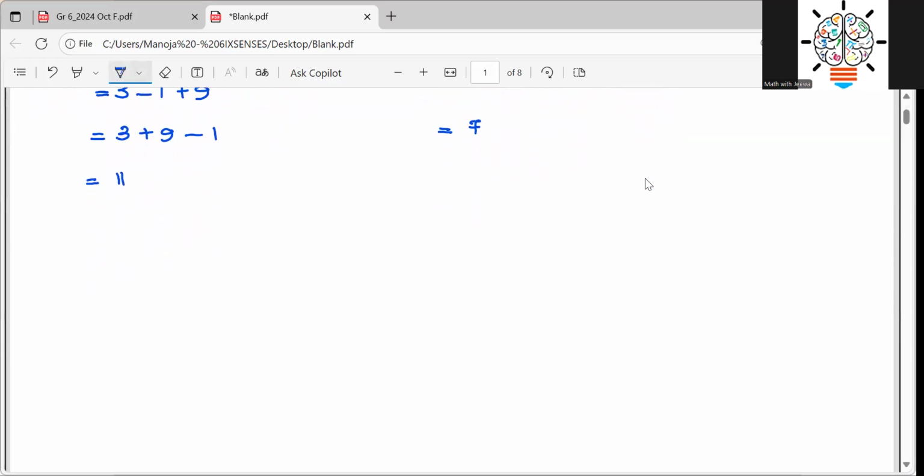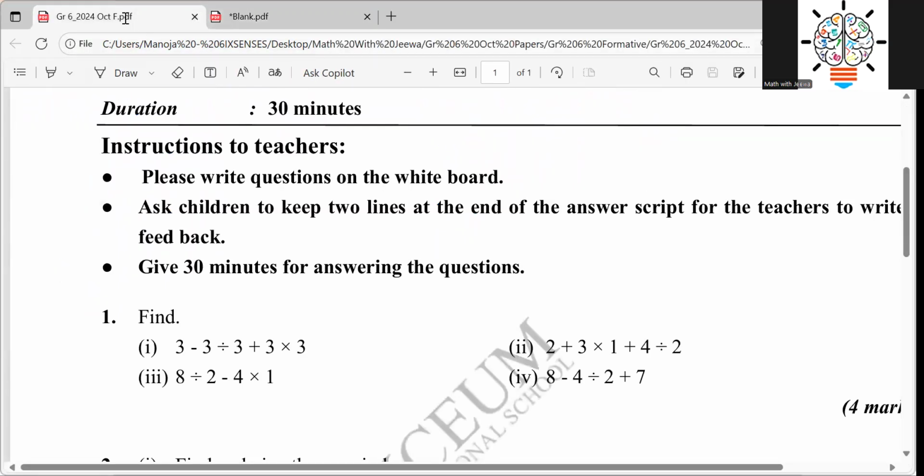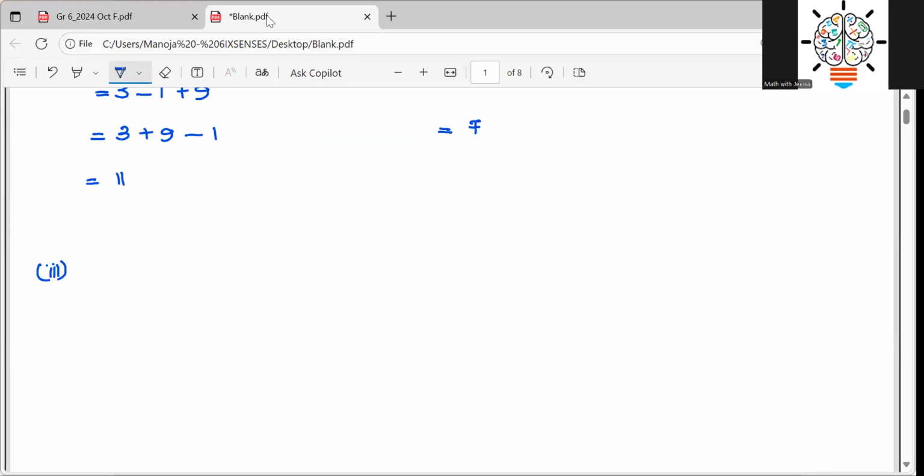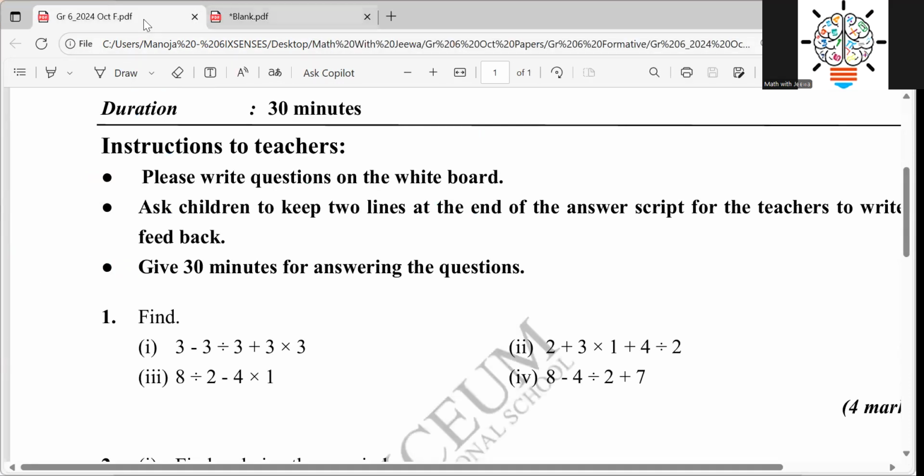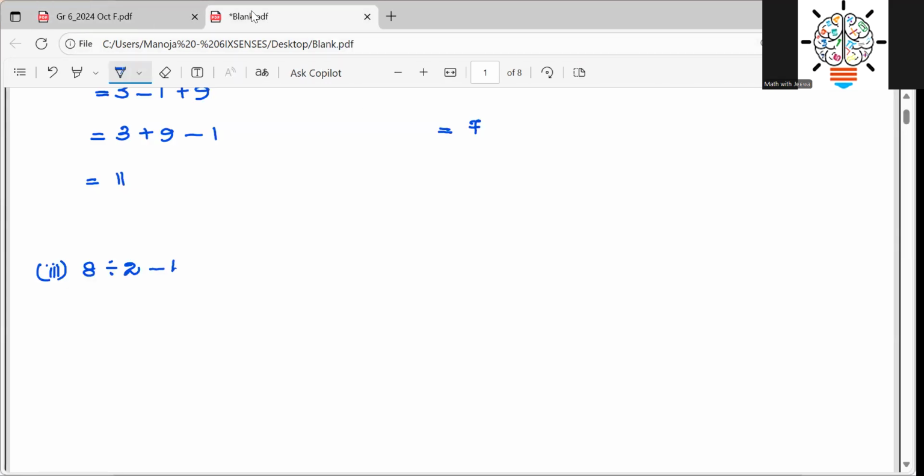So then I will move to Roman number 3. Here we have 8 divided by 2 minus 1 multiplied by 1, right? 8 divided by 2, it is 4, right?